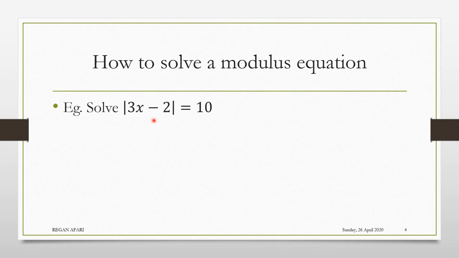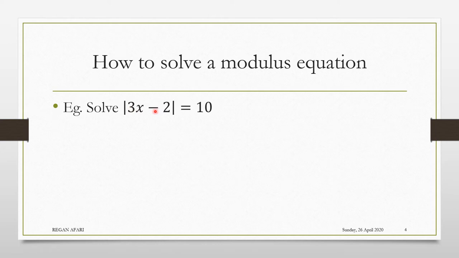But what we do know is that 3x minus 2 is not 0, because the answer is 10. So there are only 2 outcomes here: this could be a positive number or a negative number.